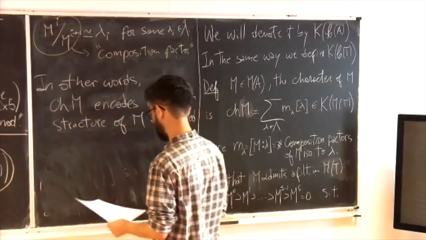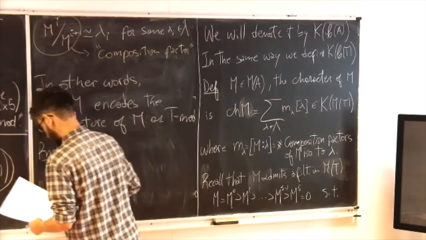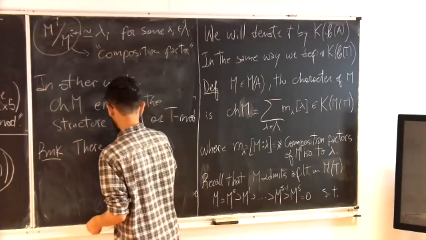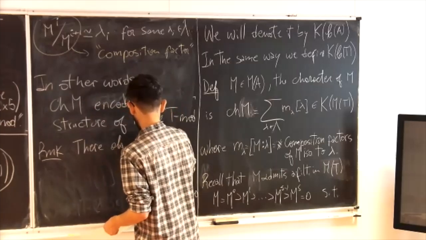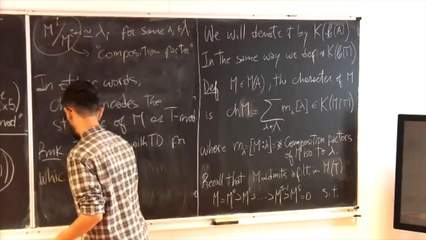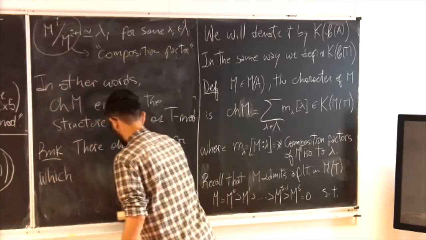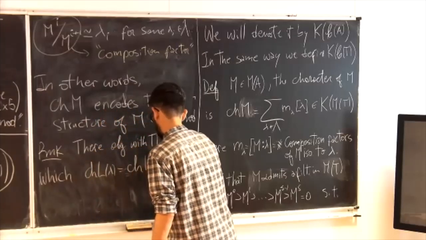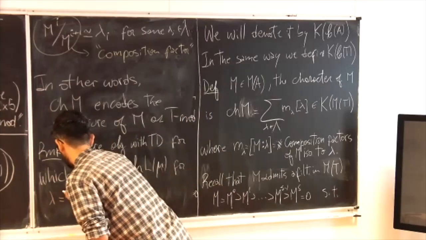Okay, well, thank you. And a remark is that there are algebras with triangular decomposition for which the characters of the simple modules L lambda and L mu are equal for lambda non-isomorphic to mu.